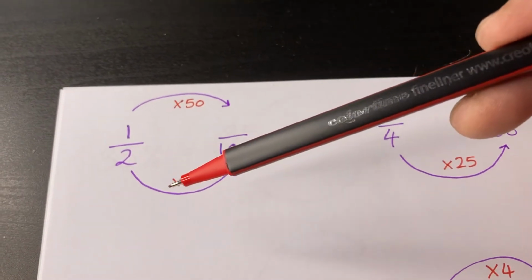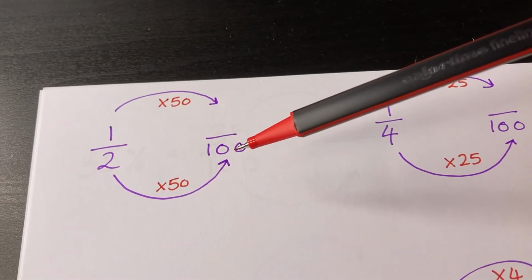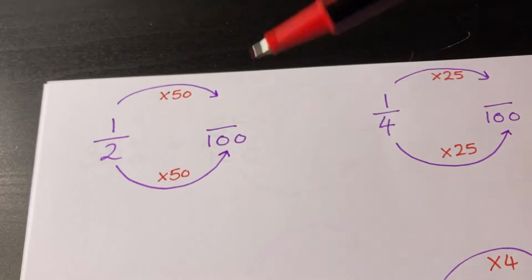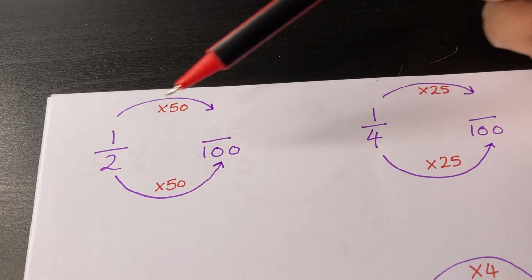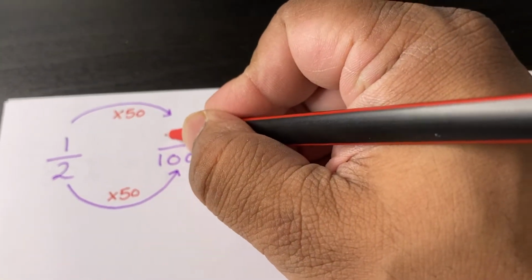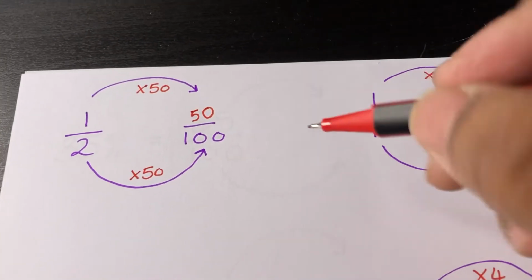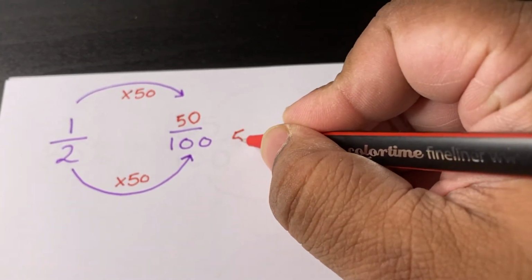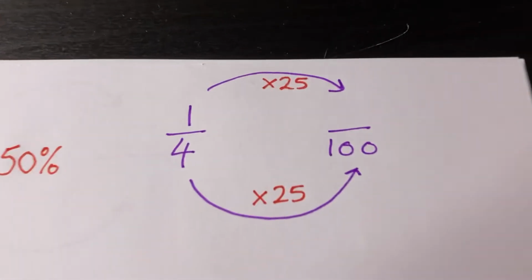I've multiplied by 50. 2 times by 50 equals 100. Whatever you do to the denominator, you need to do to the numerator. So you need to do the same at the top. So 1 times 50 would be 50. Absolutely correct. Okay, so half as a percentage is 50%. Okay, let's have a look at the next one.